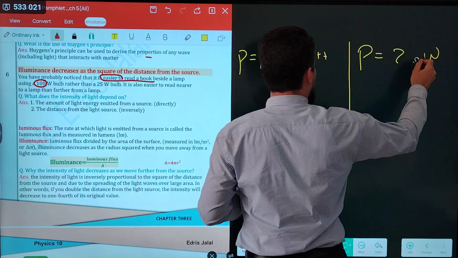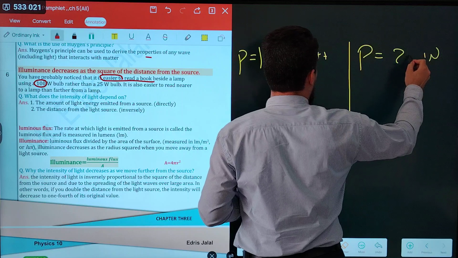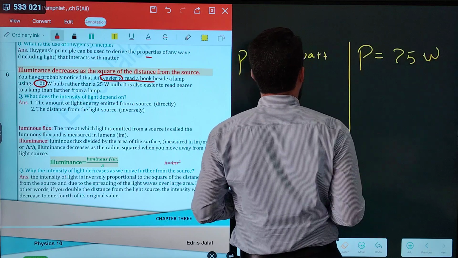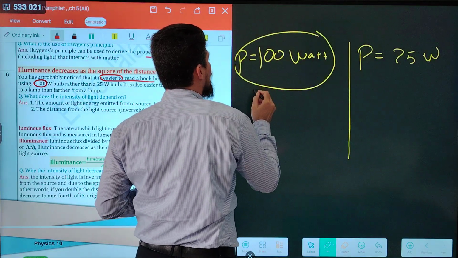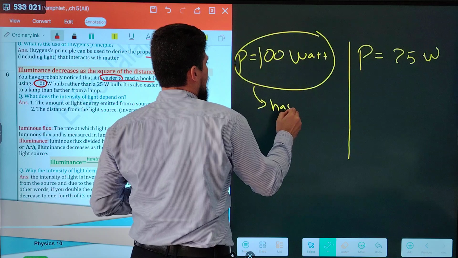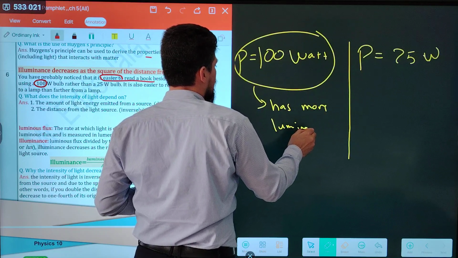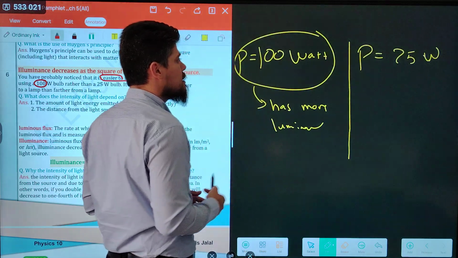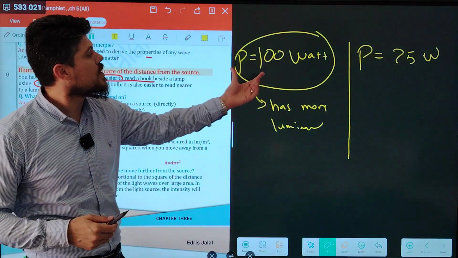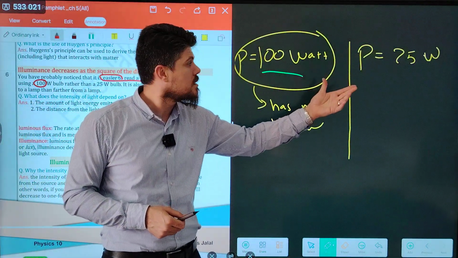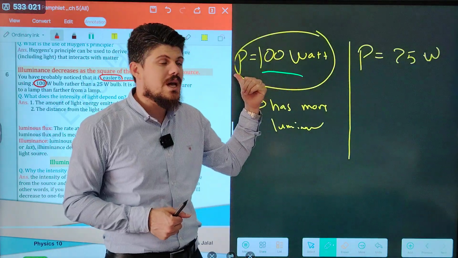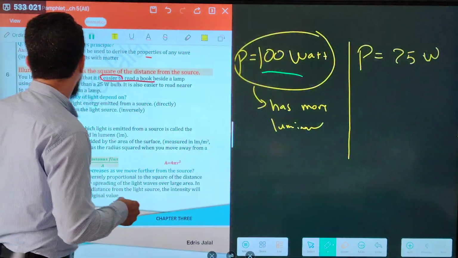Absolutely, the 100-watt one has more luminance, or illuminance, or intensity. So it's easier to read a book beside the 100-watt lamp rather than the 25-watt.